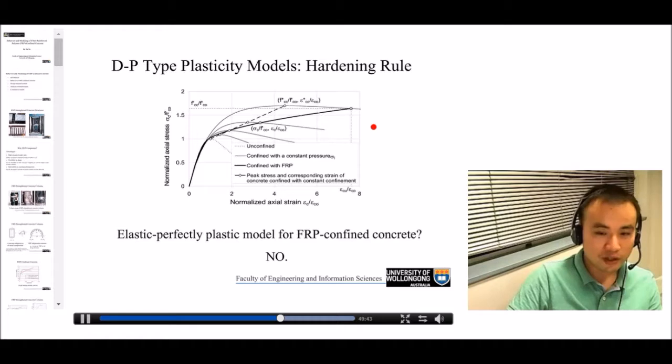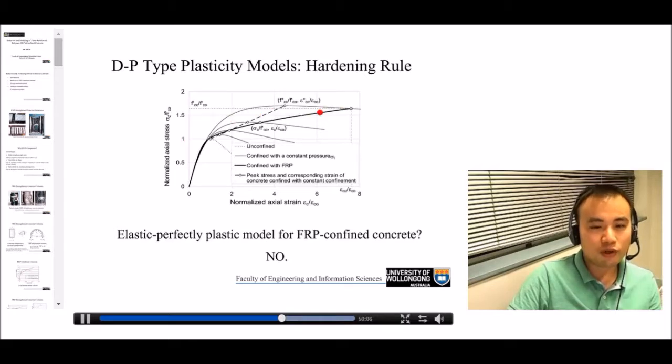Which means if you simply take the perfectly plastic assumption, even if you get all the other components of your model right, you still overestimate the performance of FRP-confined concrete. So the answer to this assumption is no. You cannot use that to predict the performance of FRP-confined concrete.